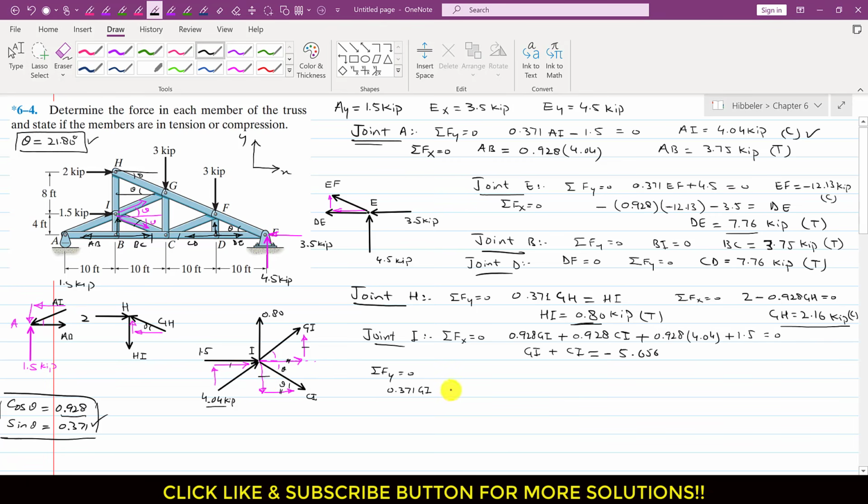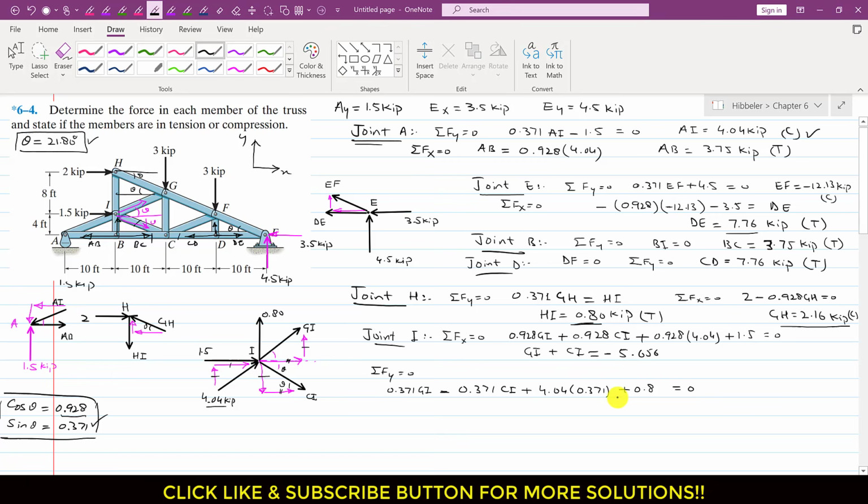This is in the negative y, so I will write minus, and this is the sine component again, so this is 0.371 CI. And similarly this is also acting in the positive y direction, and again it is the sine component, so I will write plus 4.04 times 0.371, and this 0.80 is acting in the positive y direction, so I will write plus 0.8, and this is equal to 0.